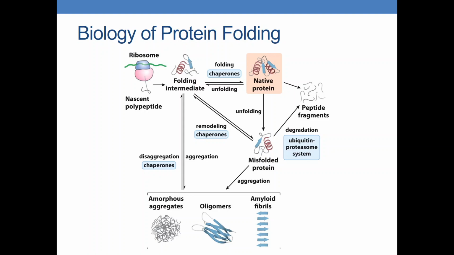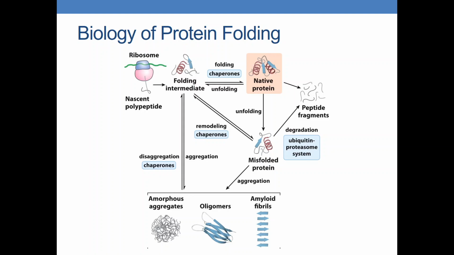So what's going to start happening? First, due to the hydrophobic effect, you're going to see the formation of a crude tertiary structure. Then you're going to start adopting different conformations that lead to different hydrogen bonding and arrangements. So these are going to lead to folding intermediates. These folding intermediates, they contain structure.